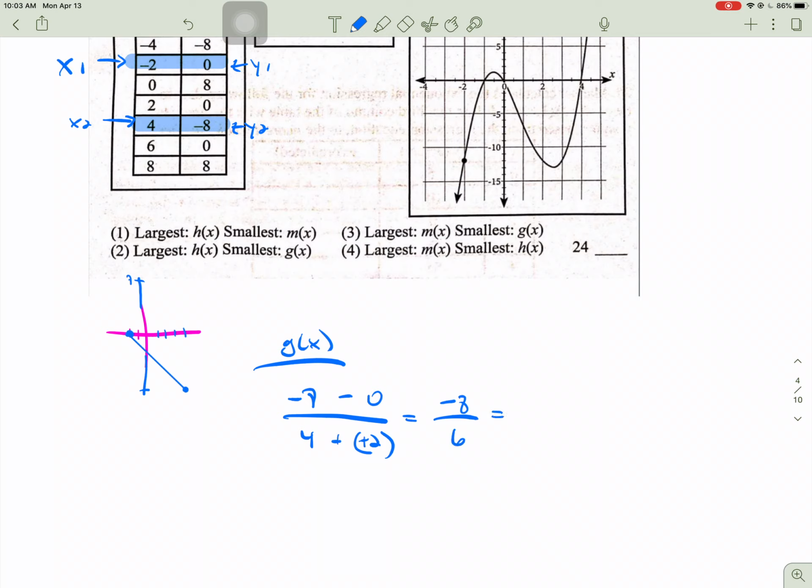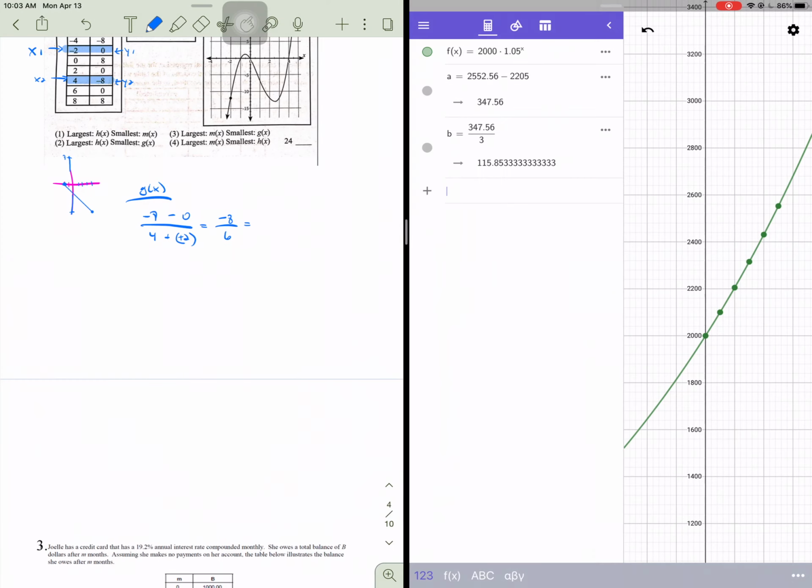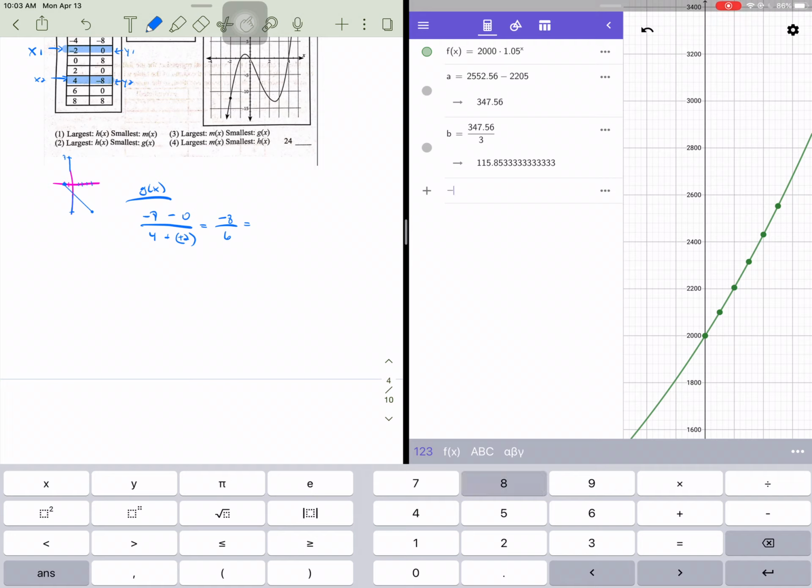And you do it in your calculator, and you get -8 divided by 6, -1.333. Right, so that's the rate of change for g of x.